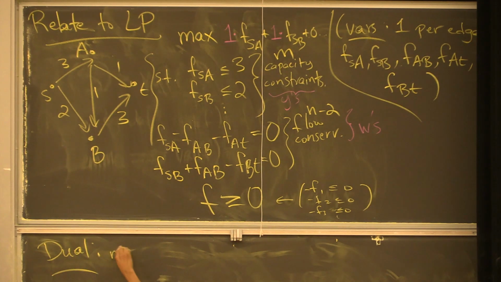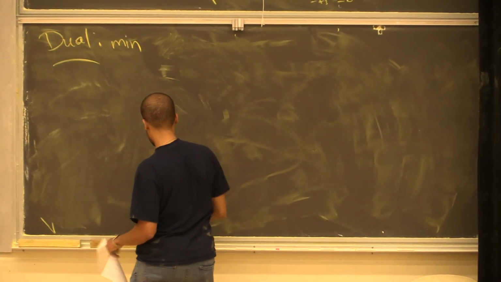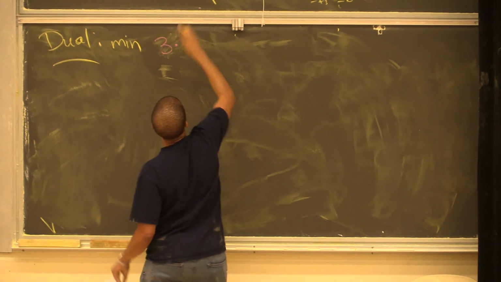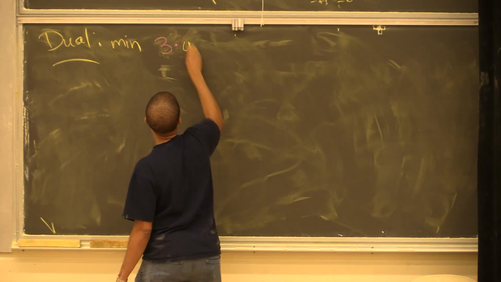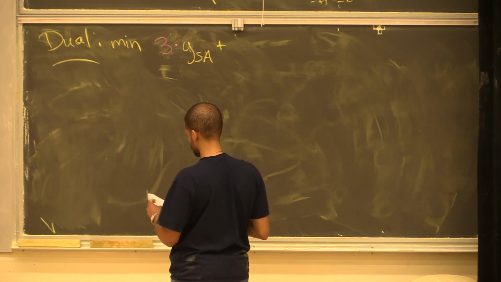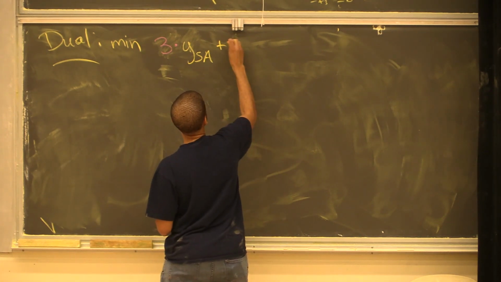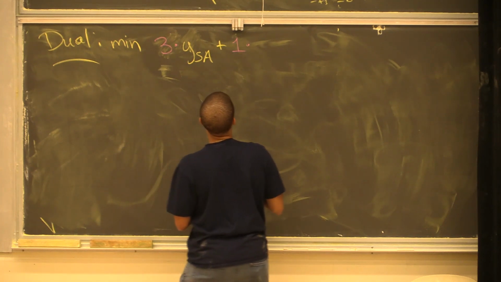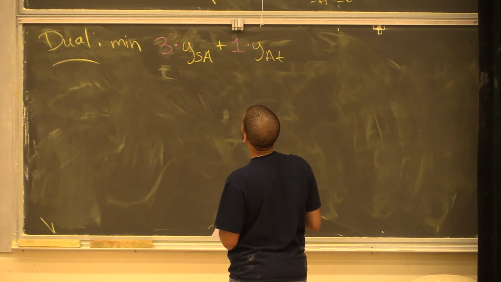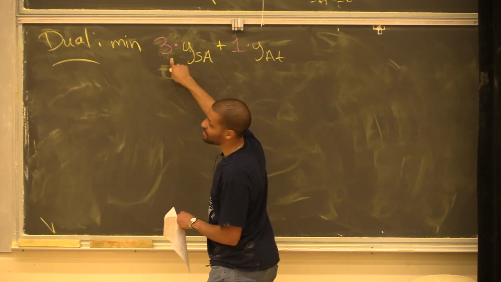So I want to minimize 3, again, so 3 now is that 3, times YSA, plus 1 times YAT, so basically it's just going to be, for each edge, the variable for that edge times the capacity.